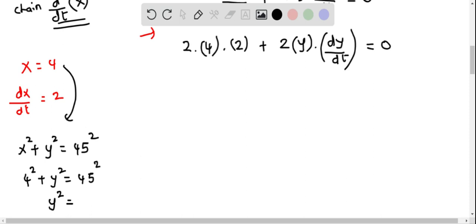Then y squared equals 45 squared, which is 2025, minus 4 squared, which is 16, so this gives 2009.